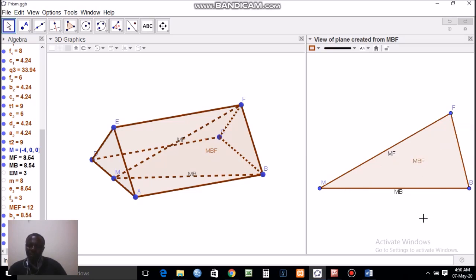Now, after you've tried the three problems, that is the angle between ED and AD, then the angle between EF and MF, and also the angle between MF and MB, we'll come back and together discuss the correct working to allow you check your work and see if you got the correct answers.